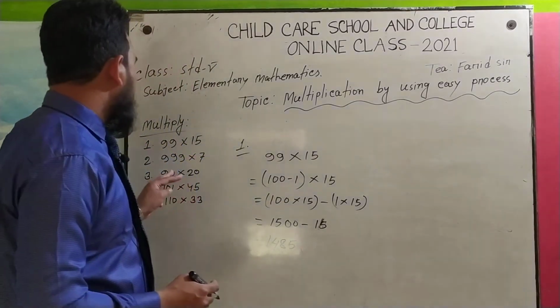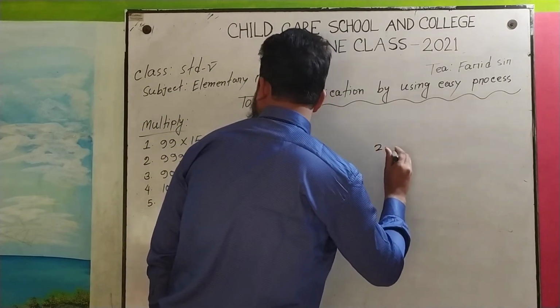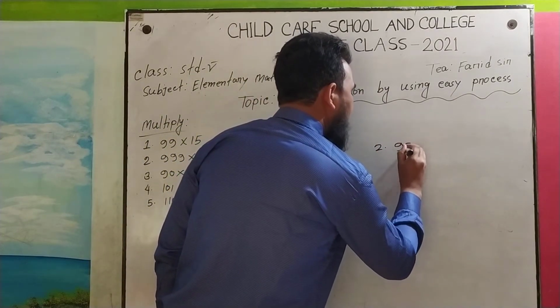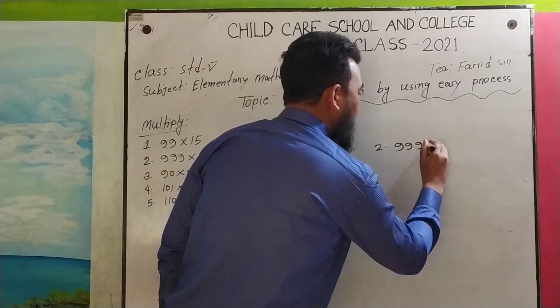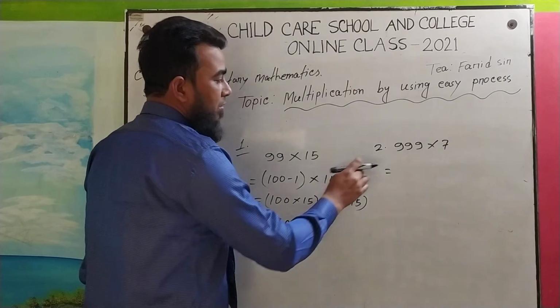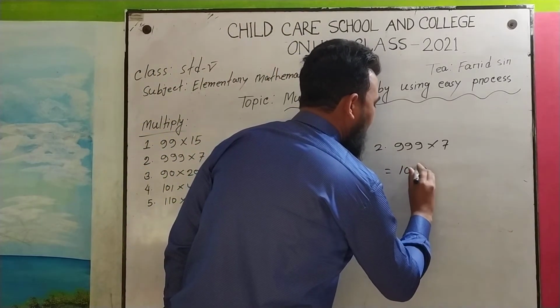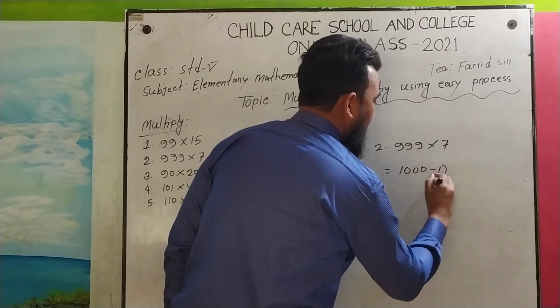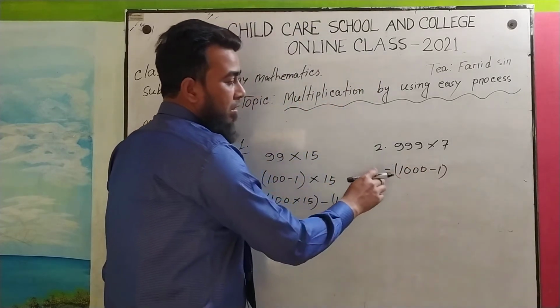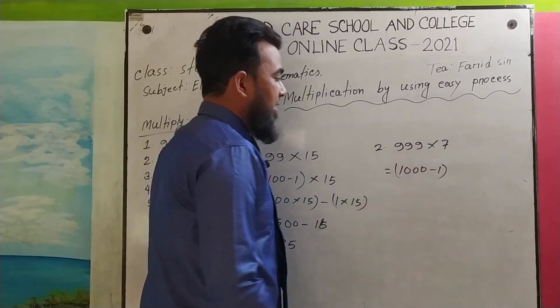Okay, now the next one: 999 multiplied by 7, and look here. Here also we can write it this way: 1000 minus 1. If you subtract 1 from 1000, you will get 999.